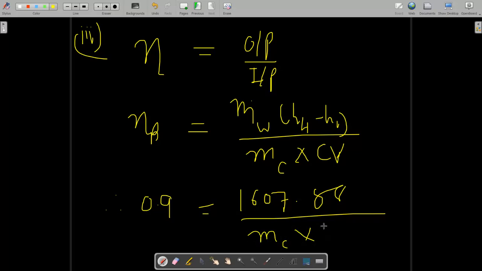This is in megajoule, and the calorific value is given as 10,000 kilojoule per kg. We want megajoule, so we can write 10 megajoule per kg.